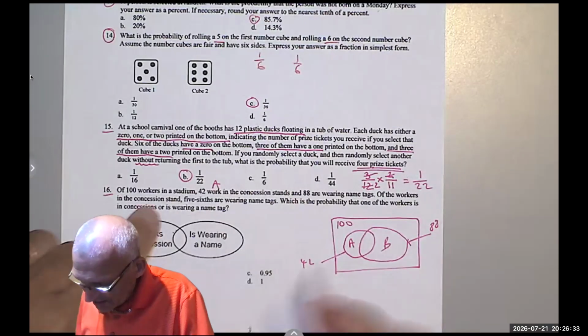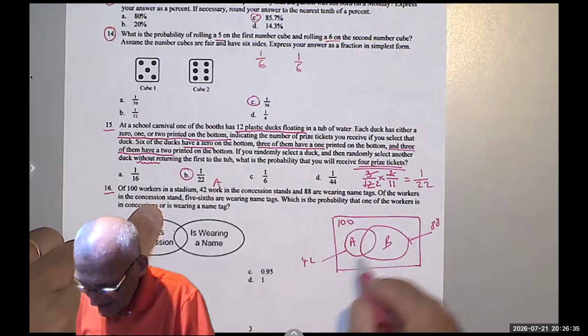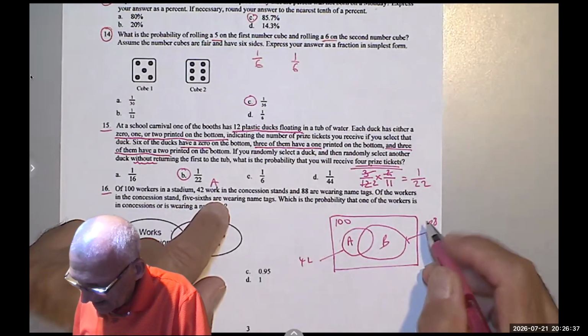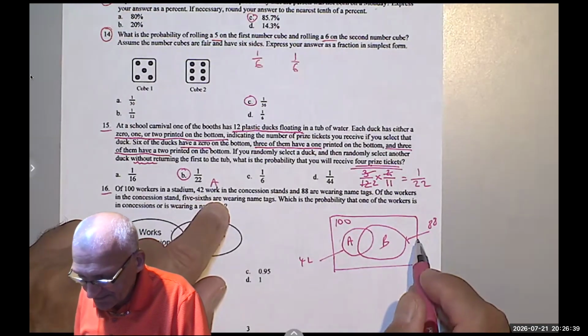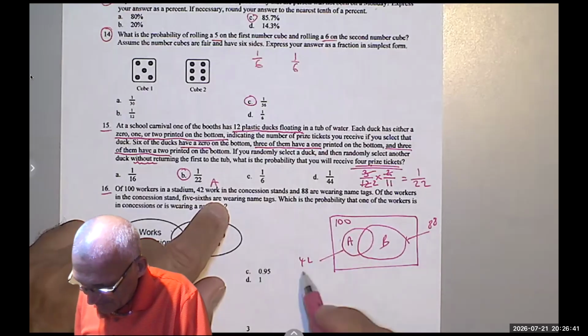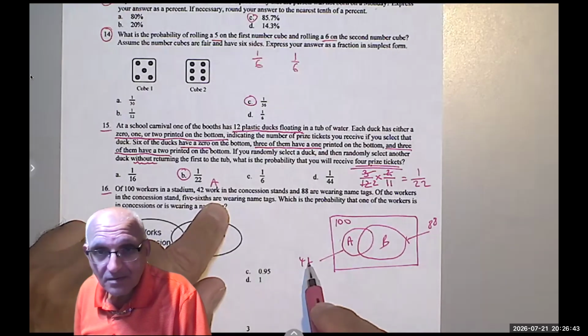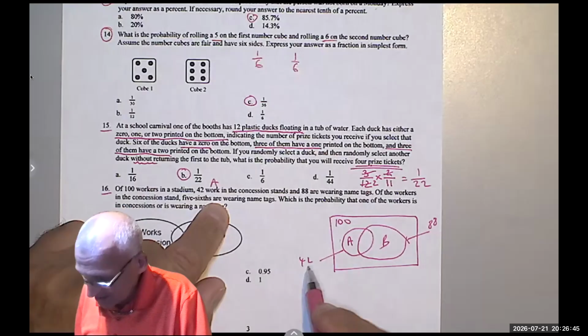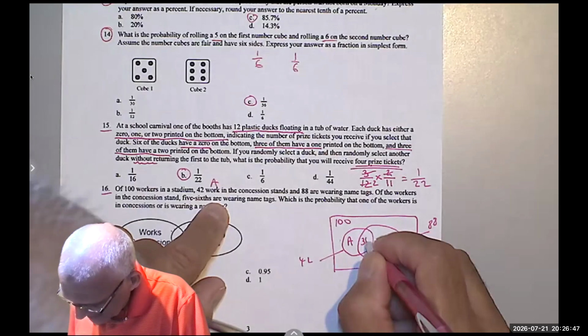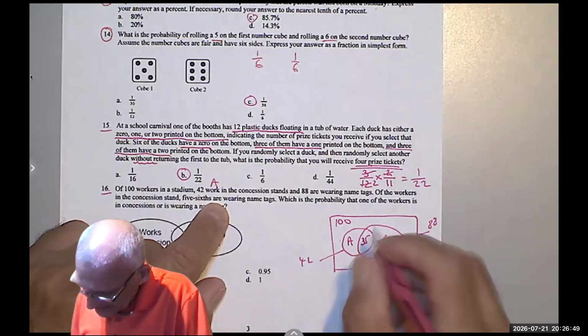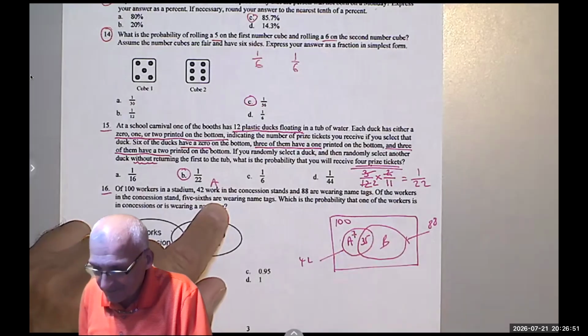Of the workers in the concession stand, 35 are wearing name tags, meaning 7 are not. So the overlap has 35 and only 7 are here.